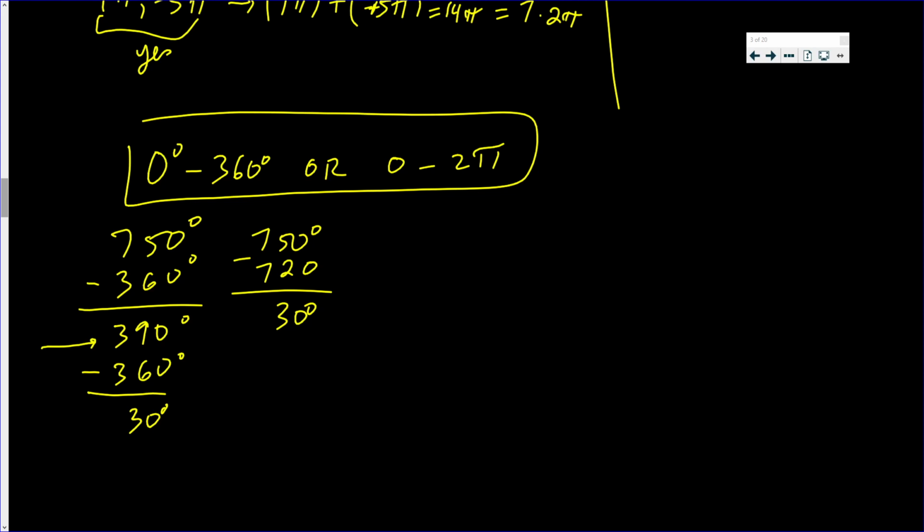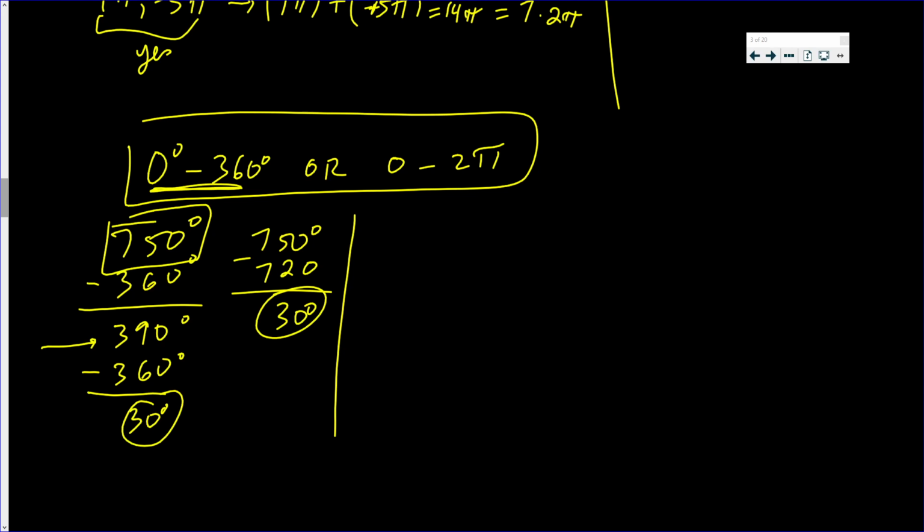So that one is done. It's 30 degrees. That's the coterminal between 0 and 360 degrees for 750 degrees.